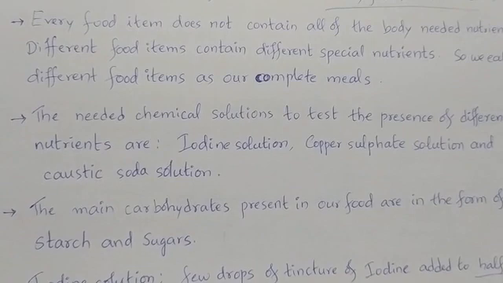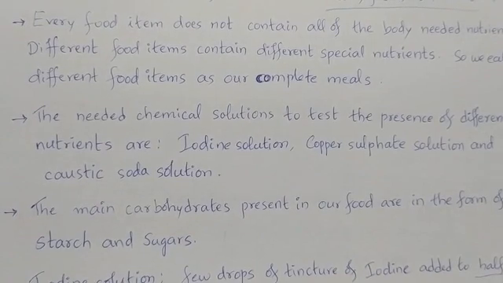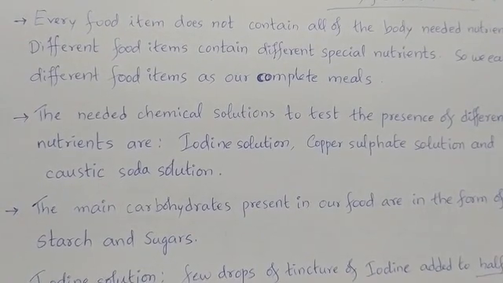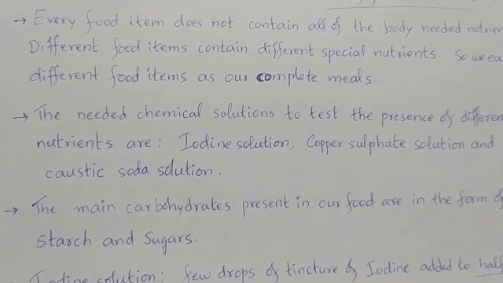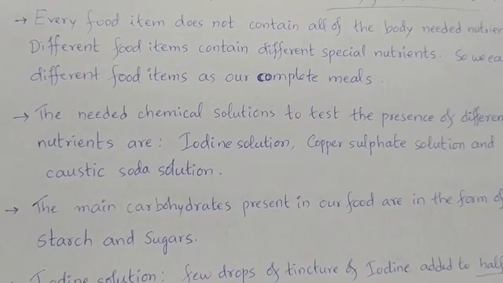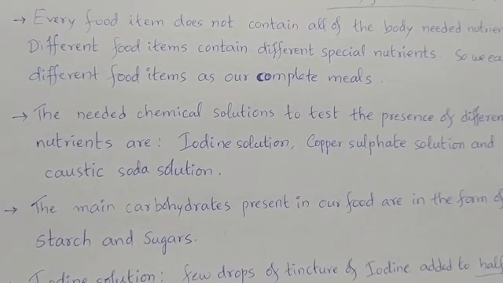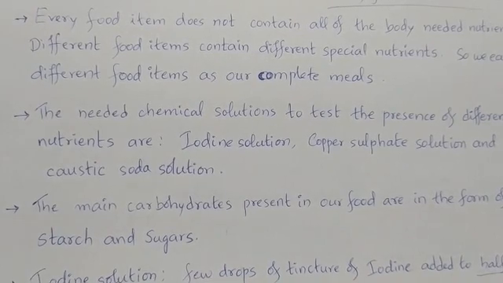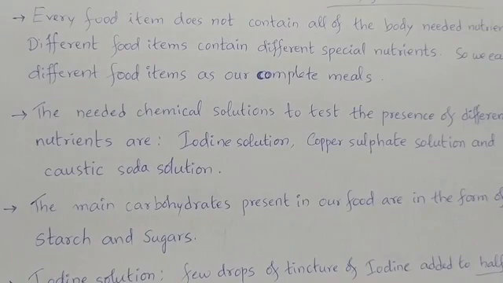But how to know which nutrient is present as a specific nutrient in a given food item? By conducting certain chemical tests, we can identify the presence of specific nutrients in our food items.